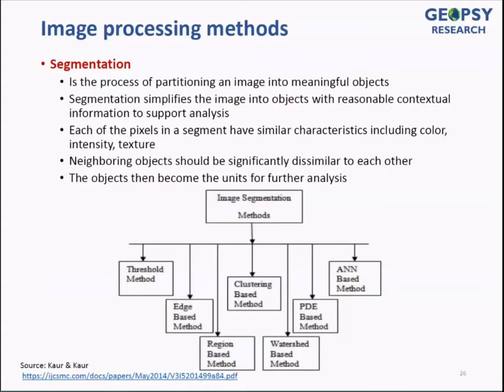And artificial neural networks. In artificial neural networks, normally there is a learning. You provide a few training sites, and you provide an algorithm so that your image can learn. Okay. So again, here we've provided the reference that you can go to and understand about segmentation.